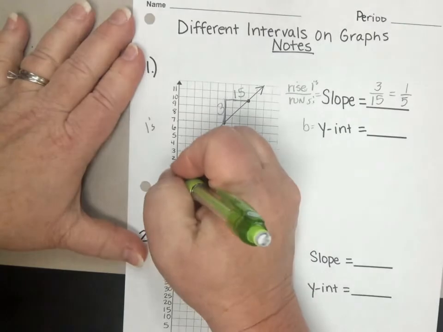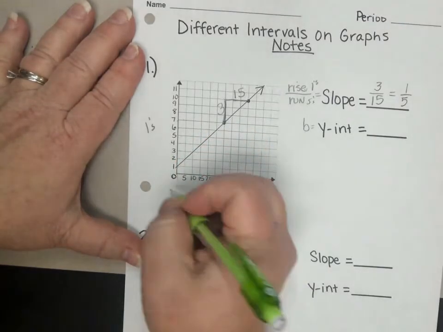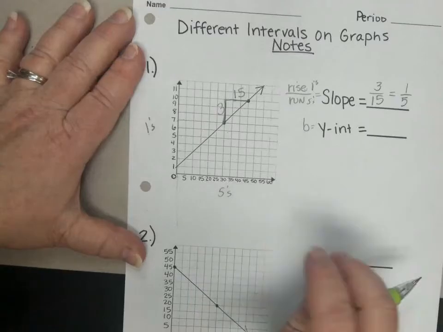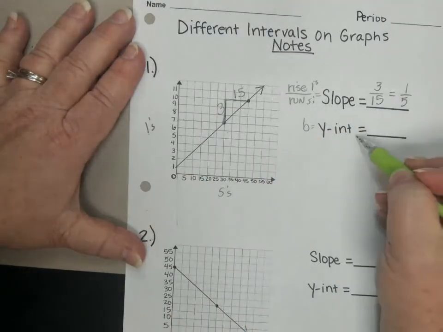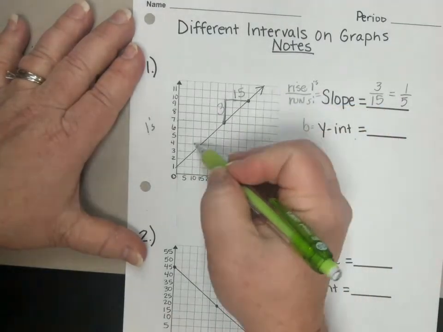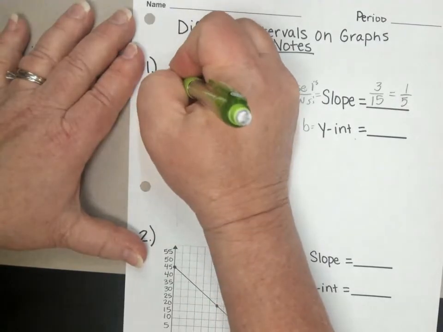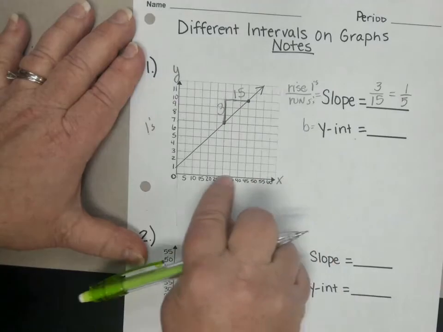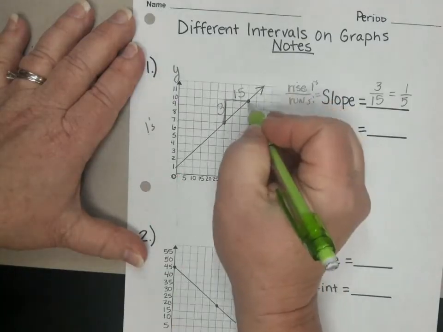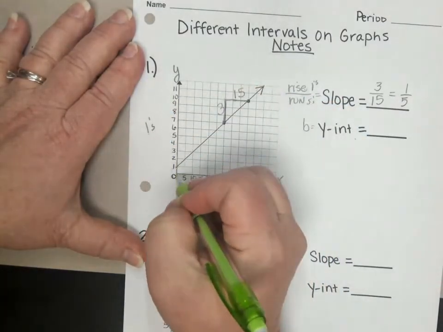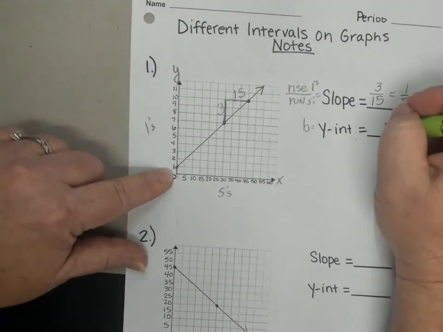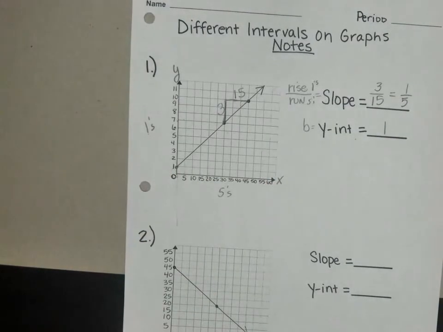Yes, it has the other parts, but they just don't show it. I could draw quadrant 1, quadrant 2, quadrant 3, quadrant 4, but it just doesn't show it. So here's your y-axis going up and down, here's your x-axis going across. Your y-intercept is where this line touches your y-axis, which is at 1. So your y-intercept is 1, okay?